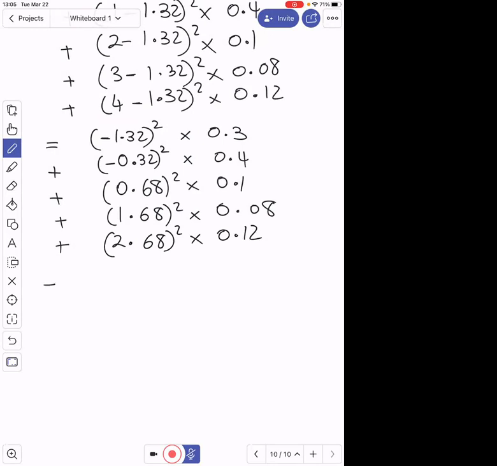Now I'm done with the subtraction. Now I can move to the square. And because of the square, the negative is going to be positive. So 1.32 squared will be equal to positive 1.74, let's say, times the 0.3, plus, right?